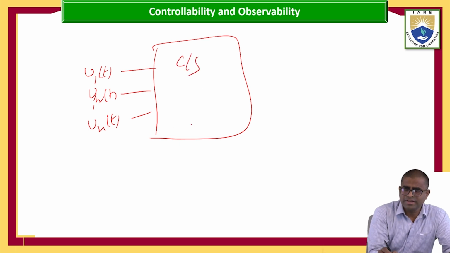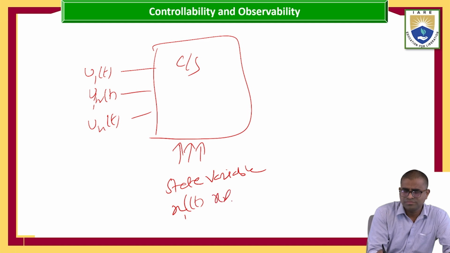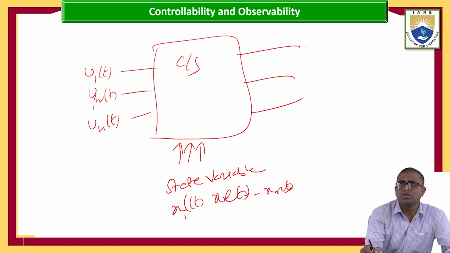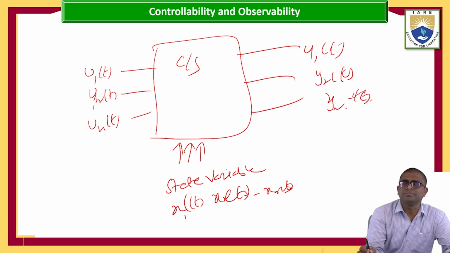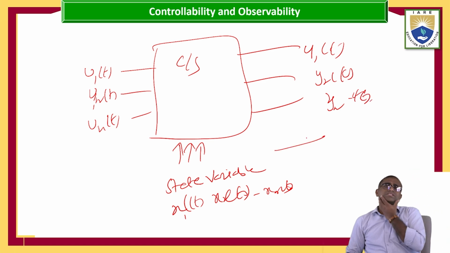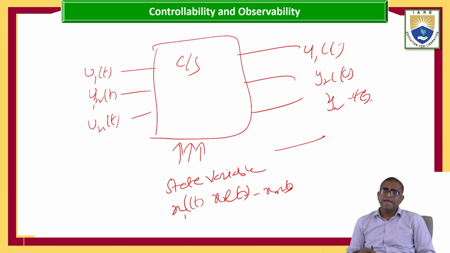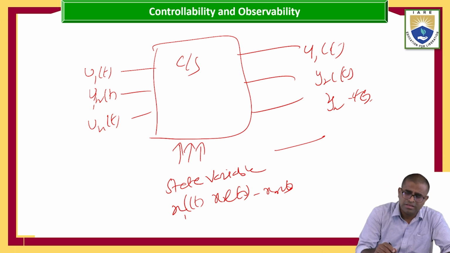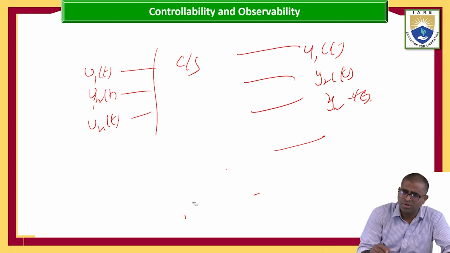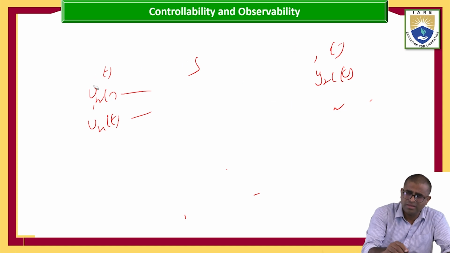In it we have the state variables x1 of t, x2 of t, and so on. Here we are getting the outputs y1 of t, y2 of t, up to yn of t. This is the state-based representation of the system. Here the state variables are inserted between the output and input.